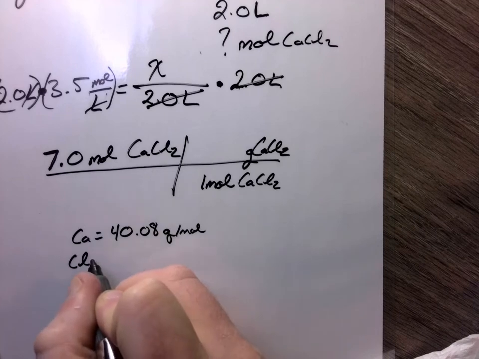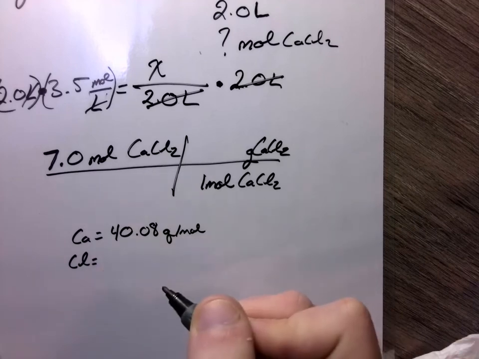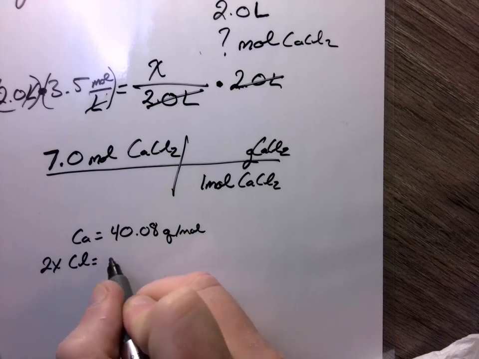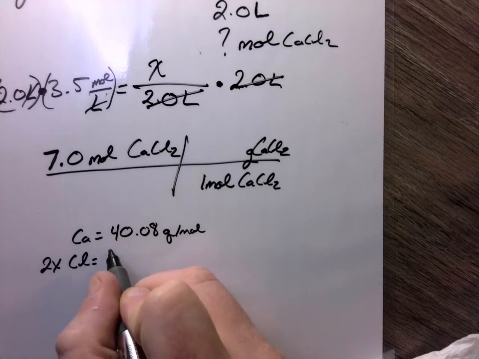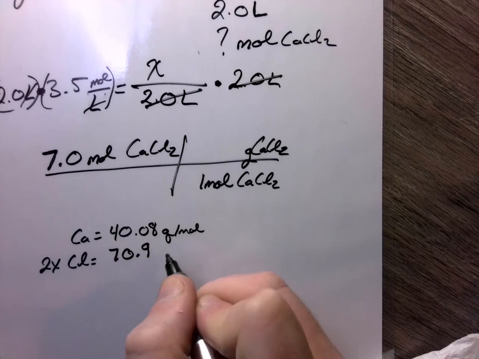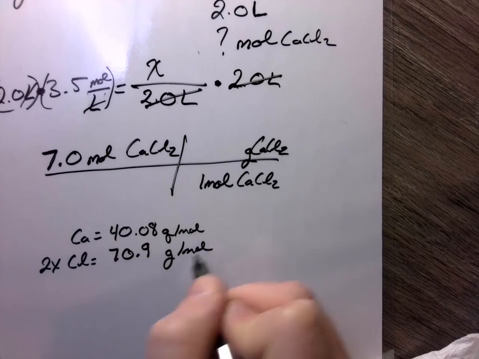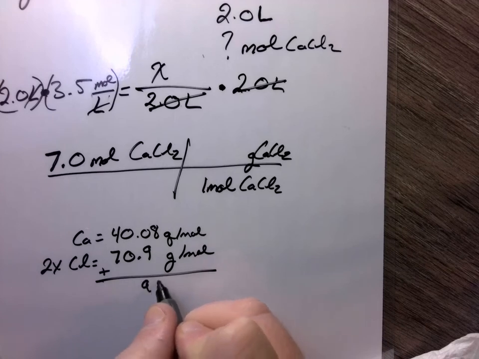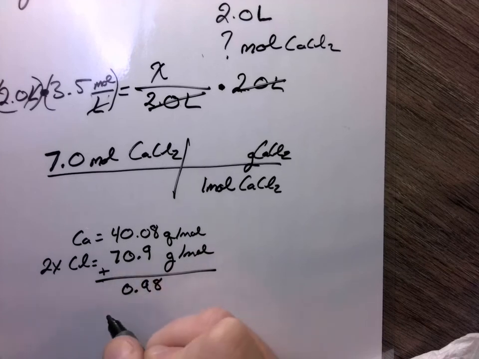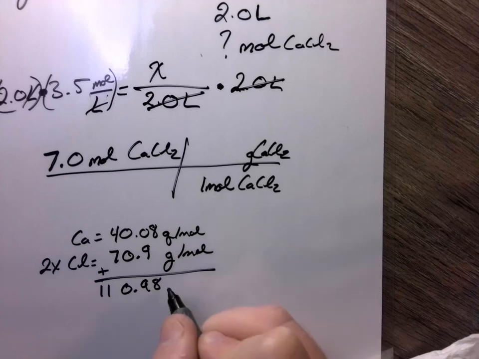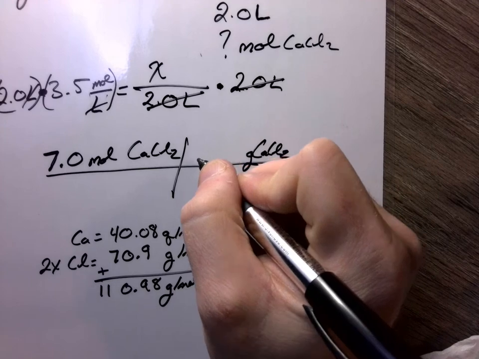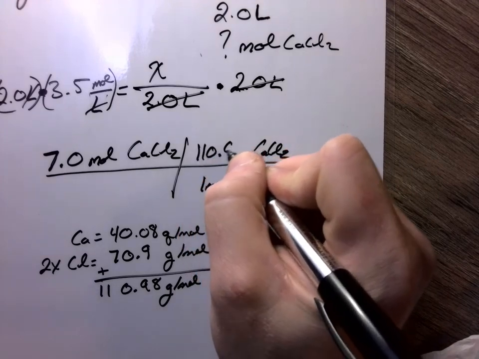Chlorine is 35.45 grams per mole, but I have 2 of them. So 2 times 35.45 gives me 70.9 grams per mole. Add those 2 values together. 7 plus 4 gives me 11, so 110.98 grams per mole. So that's going to go up here, 110.98.